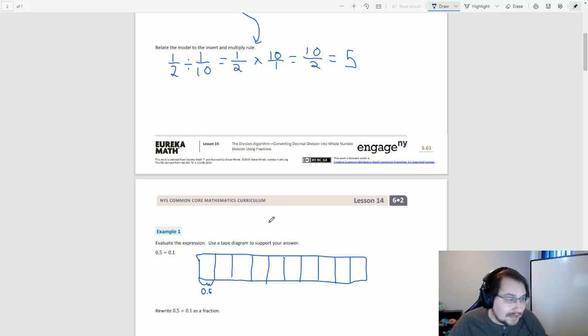So now, well, I do basically the exact same thing. If I know that 0.5 is 1 unit, I need to take my 0.5 and multiply by 10.